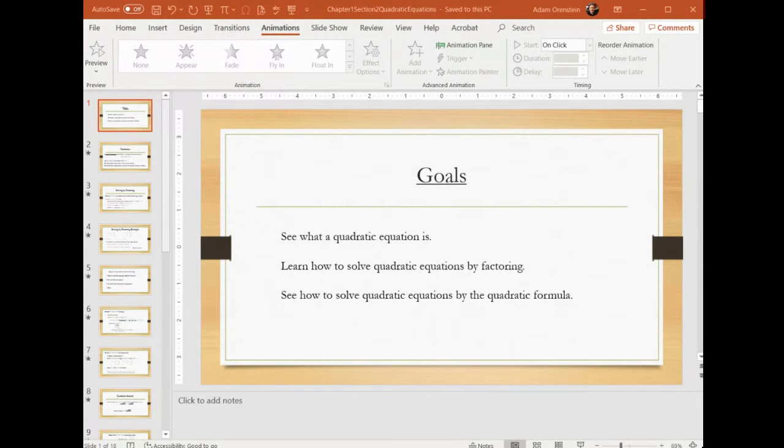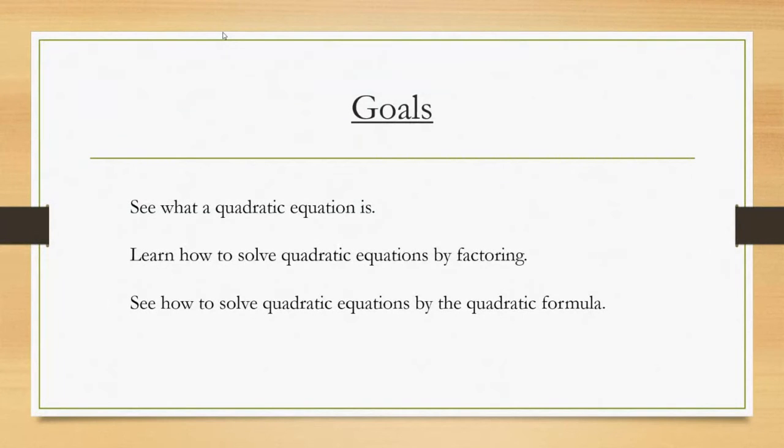Okay. So here, what I'm going to begin with is section 1.2. 1.2 is on quadratic equations. Last time we looked at section 1.1, which was linear equations. In that section, we saw some vocabulary and how we can go about solving equations.